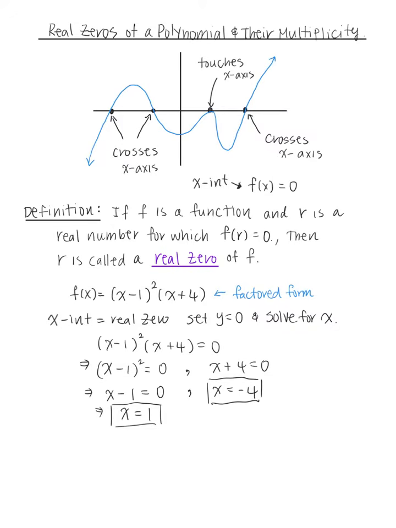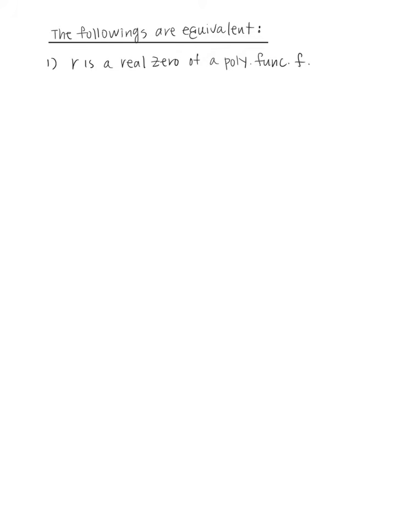So keep those in mind, and let me just try to write down the summary of all the equivalent statements, with r being the real zero of a polynomial function. So let's write down the equivalent statements. R is a real zero of the polynomial function f. Well, that's the same thing as saying r is an x-intercept of the graph of f.